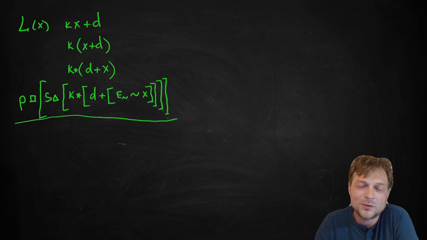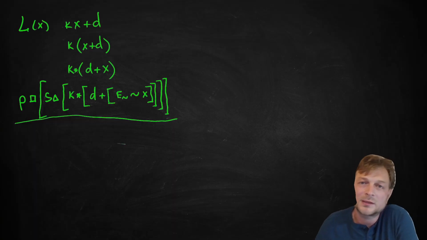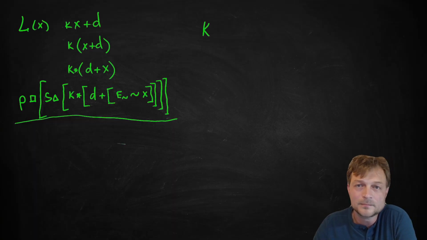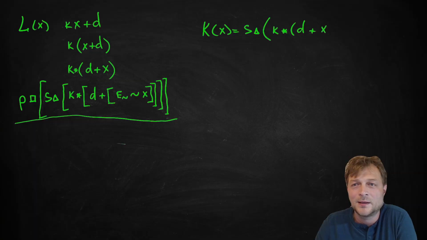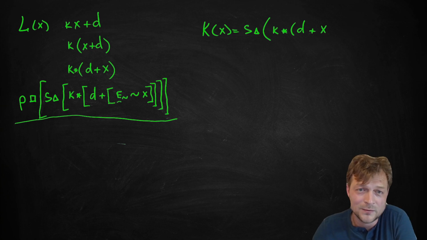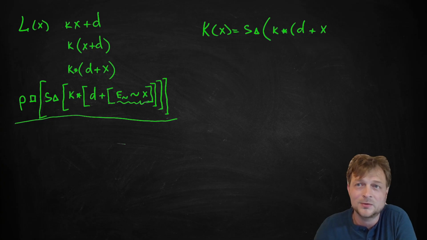With this formula, let's say k of x equals s triangle, k multiply, d plus, and we stop our recursion because we don't have a correction for e tilde. If we don't have a correction for e tilde here, then e tilde doesn't change x, and we can just use x here. It's the stop of the recursion.